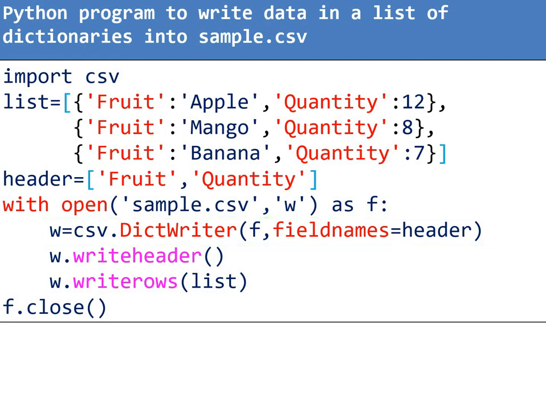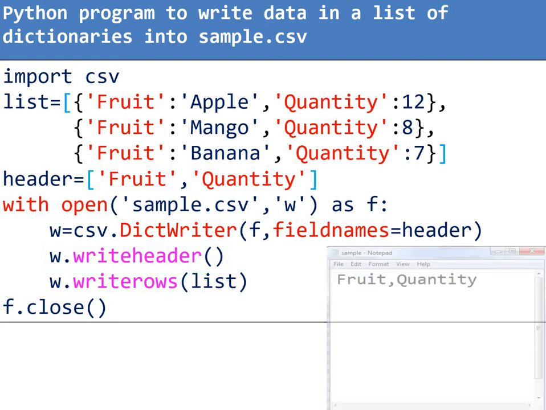The next statement, w.writeheader. The writeheader function will write the dictionary keys into the CSV file. So you can see the contents of sample.csv. Here the values in header, which are the field names, are written as the first record or the heading line.